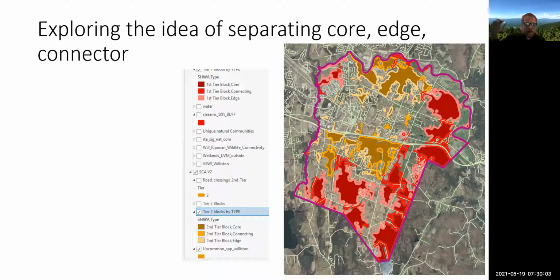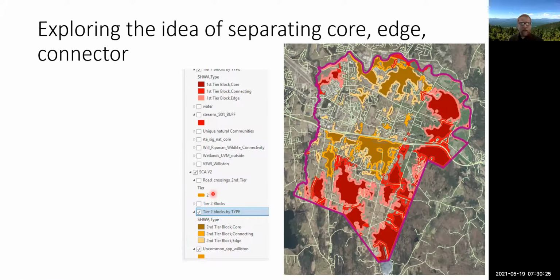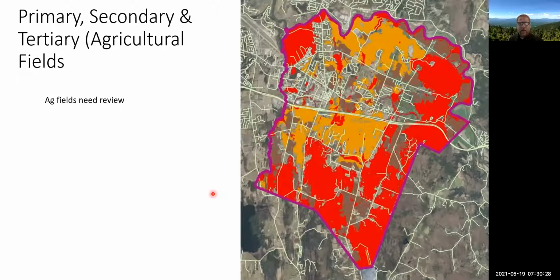So we're trying to be more clear on what's most important in this overall area. And so basically we've exploded your old significant wildlife habitat area into its component parts. And now we're reforming those component parts and trying to place them into tiers. And so just to show you, here's that old area and here is that new area. They're very, very similar.